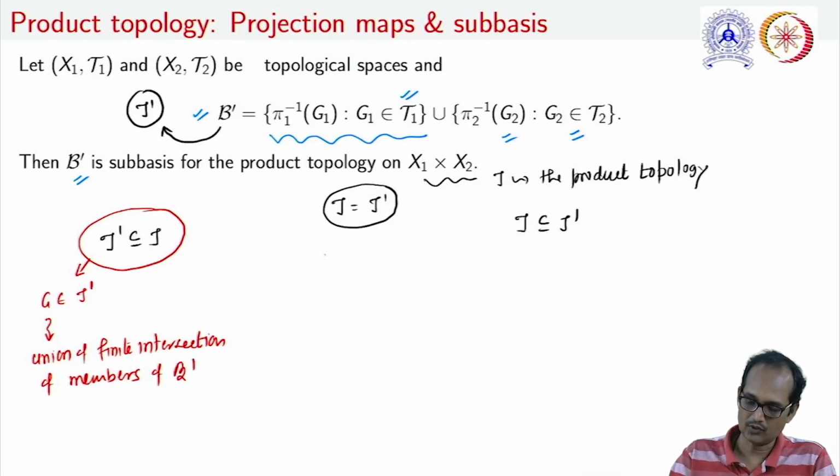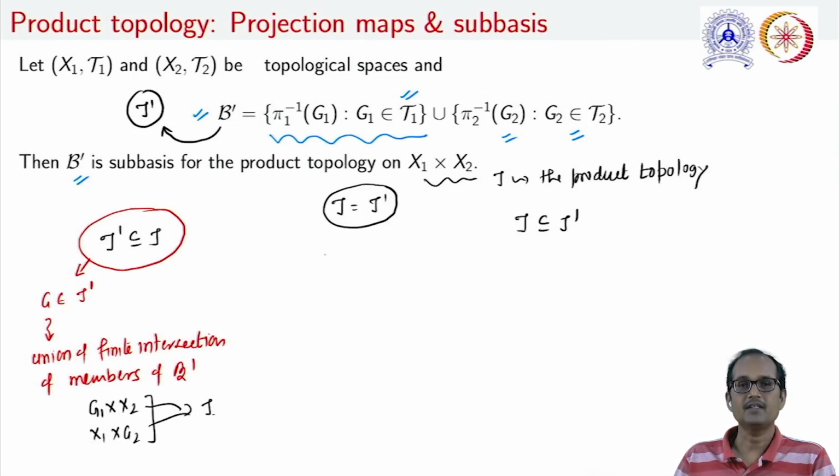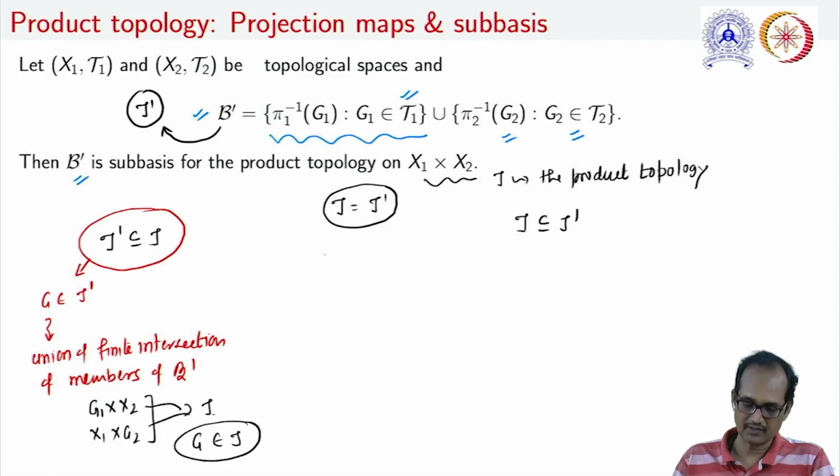And note that the members of B dash will be of the form G1 cross X2 and X1 cross G2. We have already seen that these are also members of the basis for the product topology, and therefore they will also belong to tau. And if they are in tau, by the definition of a topology, the union of their finite intersections will be a member of tau, and therefore this G will belong to tau. It justifies that tau dash is coarser than tau.